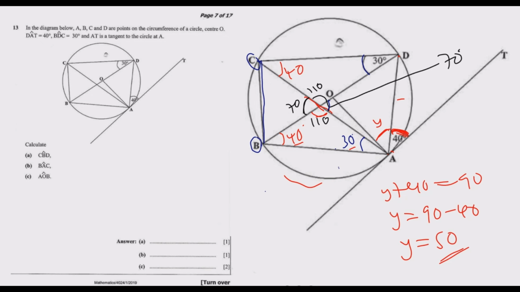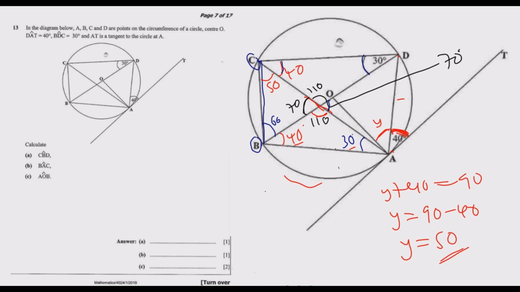So if this angle is 40, then this angle should be 50. Then 50 plus 70, we have 120. Then we take 120 from 180, which is the sum of all the angles in the triangle, and we get this angle to be 60.